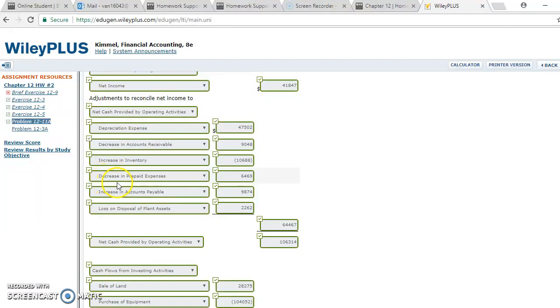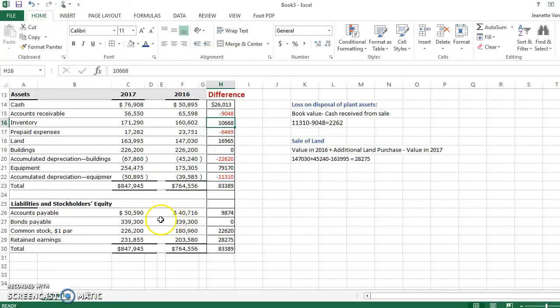Next is going to be decrease in prepaid expenses. So that is $6,469, which we get from here. Prepaid expenses was $17,282 in 2017 and $23,751 in 2016. So the difference was negative $6,469.